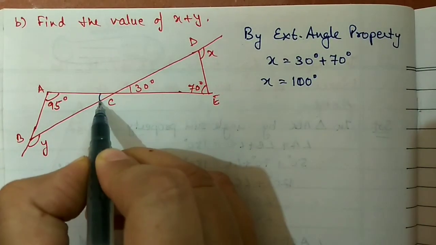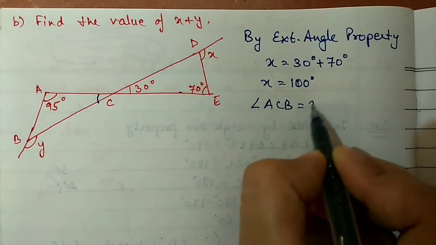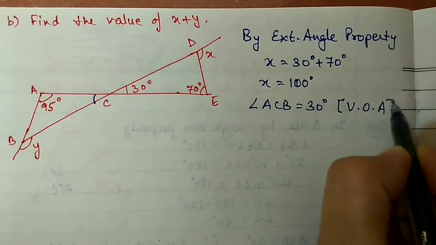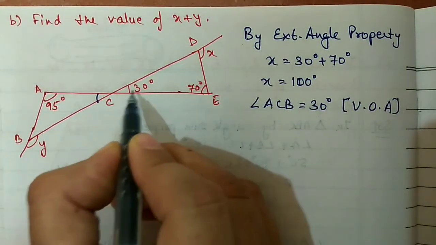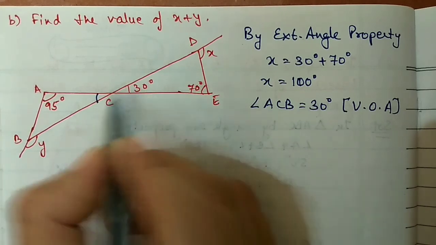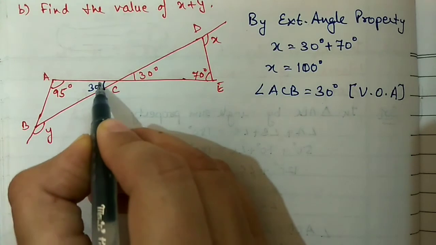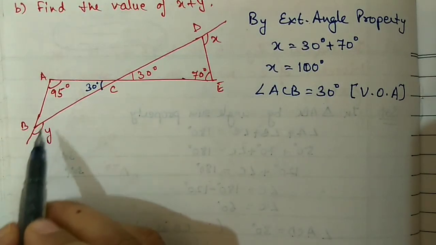Now this angle, angle ACB, will be equal to 30 degrees. Reason: vertically opposite angles. See, when two lines are intersecting, these two we call vertically opposite angles and the values of these two angles will be the same. Now we got this angle 30 degrees. After that again we can use exterior angle property to find out the y.